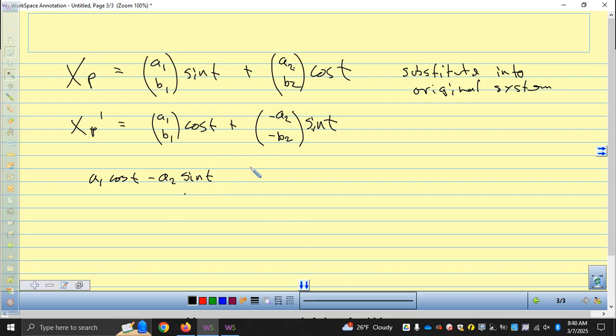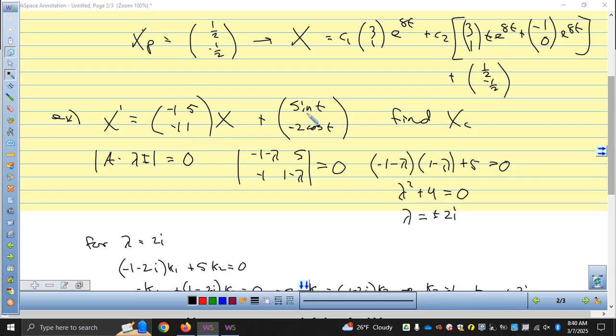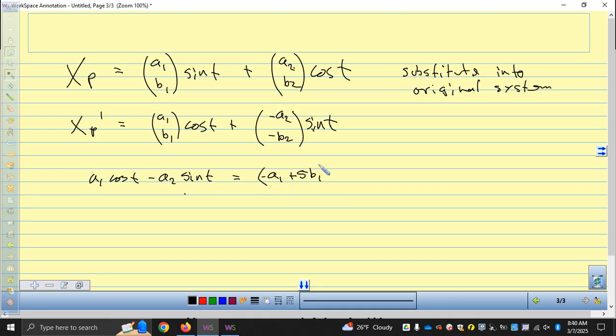and when we multiply this sum by our original matrix and add sine t and negative 2 cosine t, what I get is negative a1 plus 5b1 times sine t plus negative a2 plus 5b2 cosine t plus sine t.